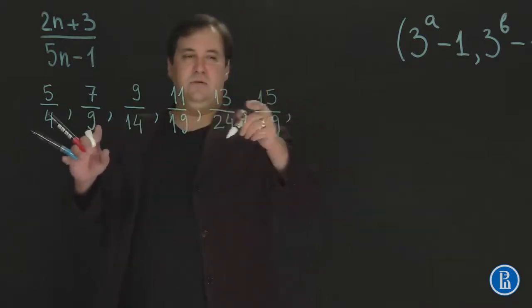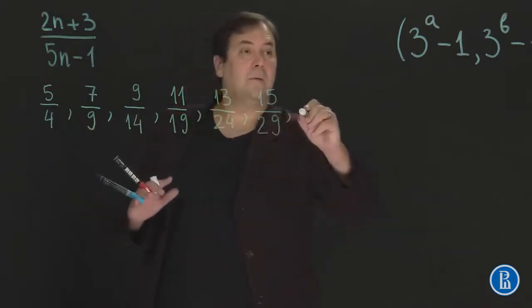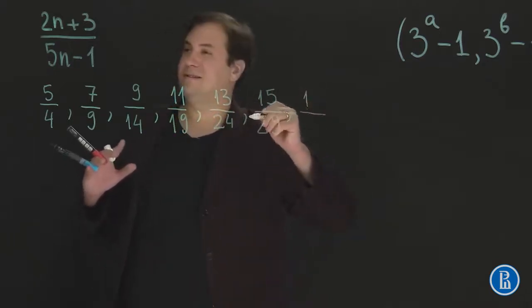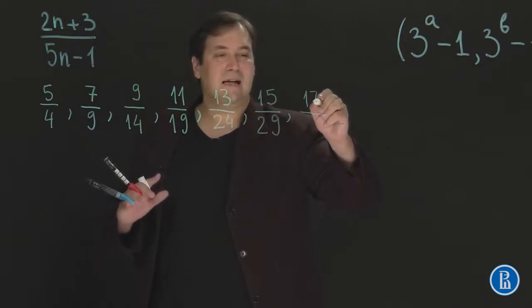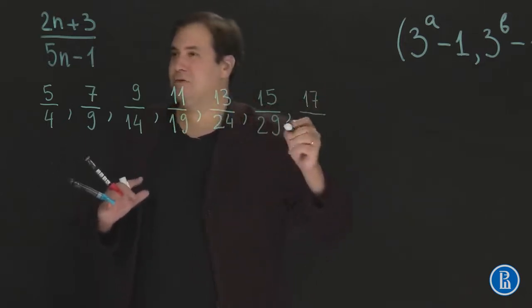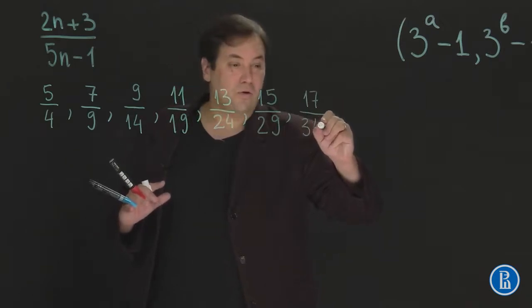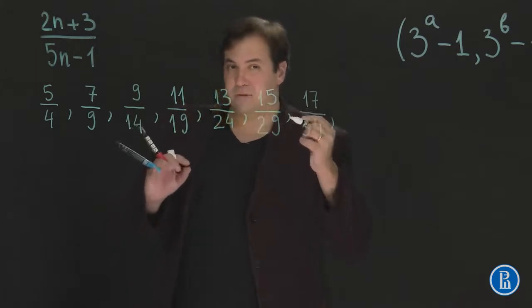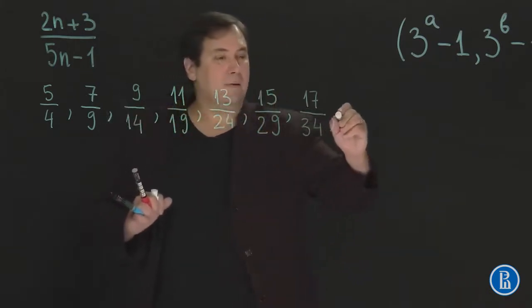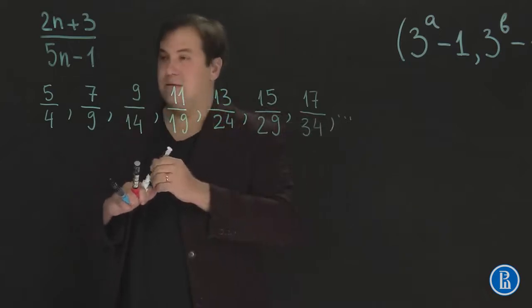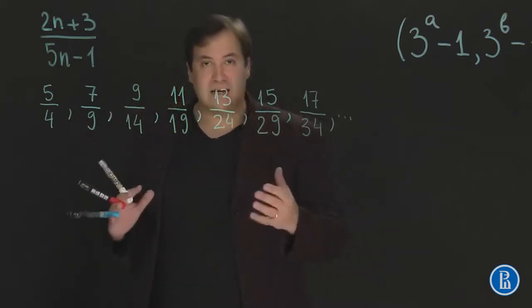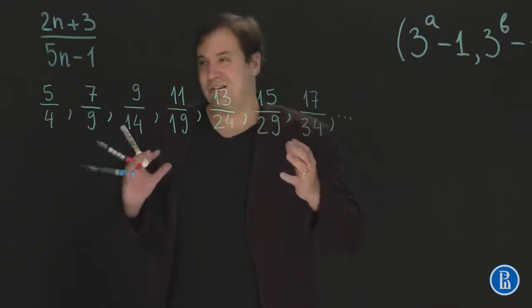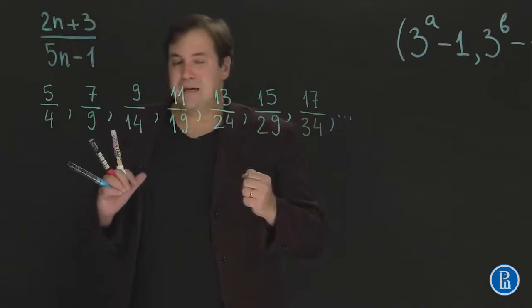And if n is equal to 7 now, then the numerator will be equal to 17, and the denominator will be equal to 34. And we finally found a reducible fraction of this form. We could continue this, but we understand that there are infinitely many values of n, so we need to think up something more general than just checking different values of n.